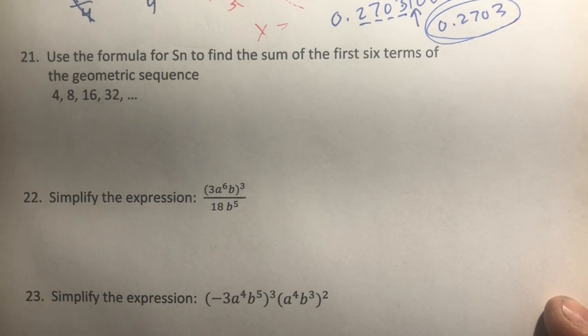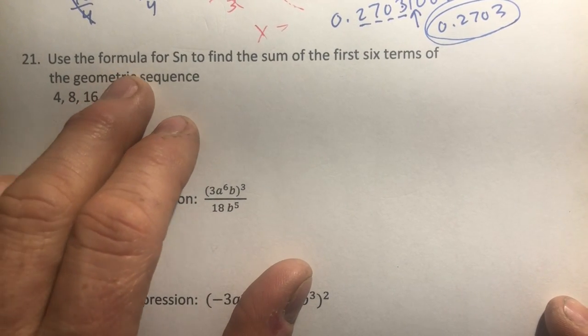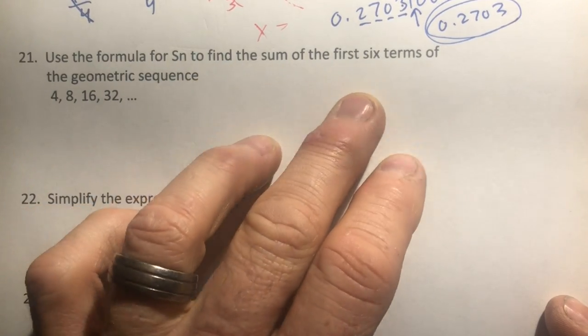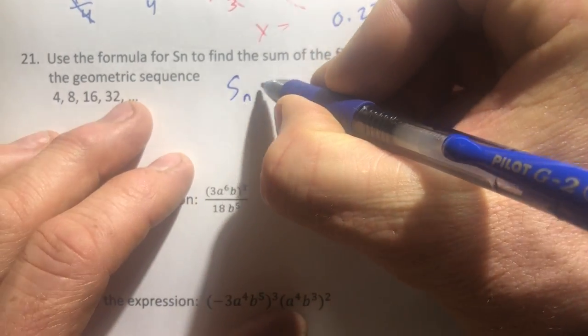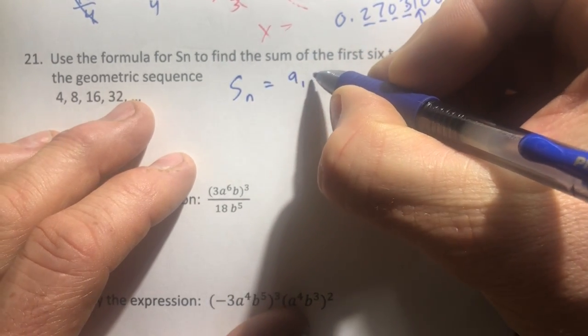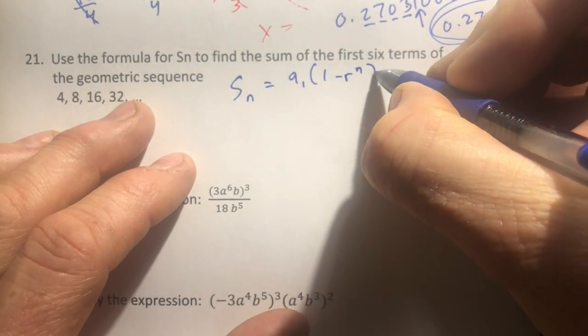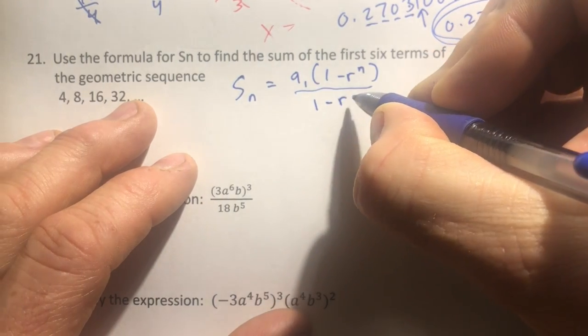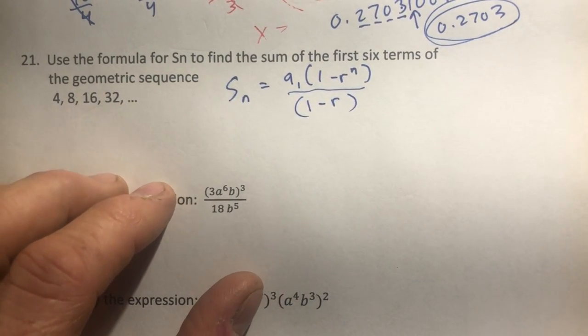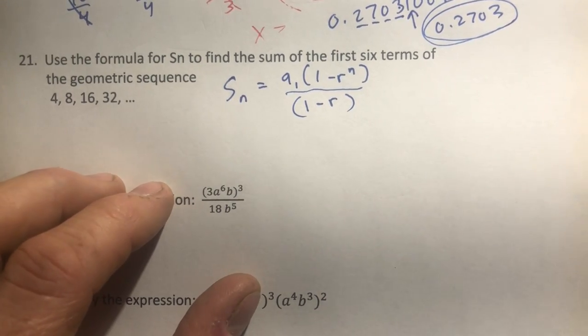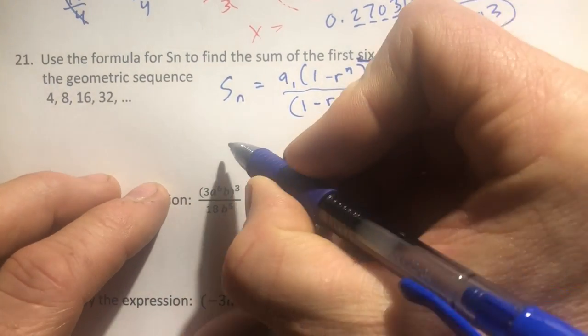All right. 21. Use the formula for S of n to find the sum of the first 6 terms of the geometric sequence. All right, that's the formula we had just earlier. I'll write it down again. And when you punch this in, you need to put that in parentheses, so I'll go ahead and write it in parentheses. All right, it wants us to find the first 6 terms, so that means n is 6.